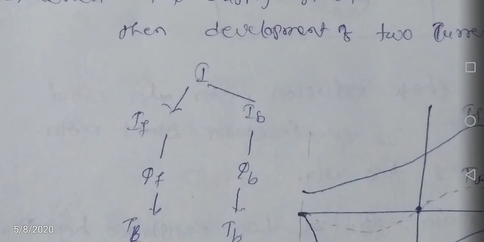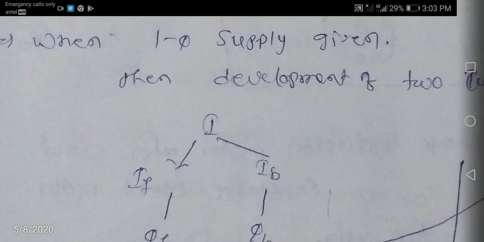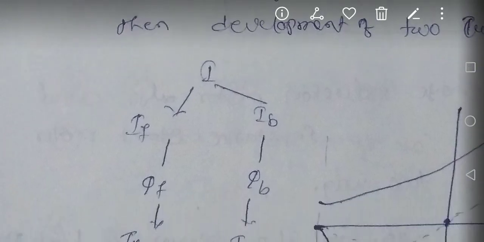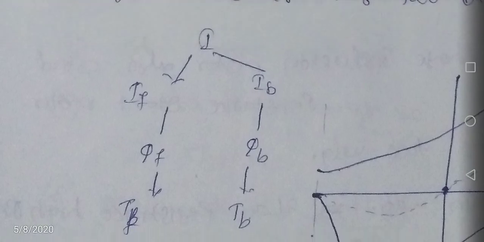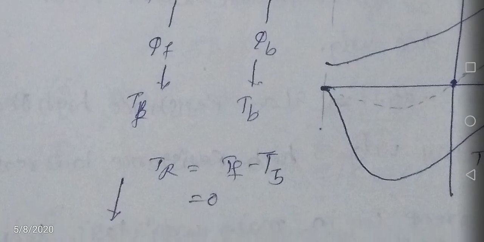The forward current produces a forward flux phi f, and the backward current produces a backward flux phi b. The forward current and forward flux produce a torque called Tf, the forward torque, and the backward current and backward flux produce a torque called Tb, the backward torque.